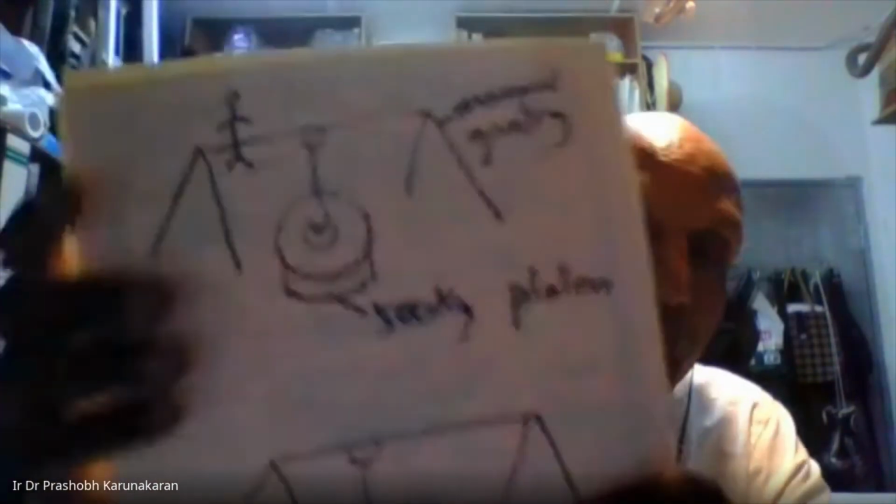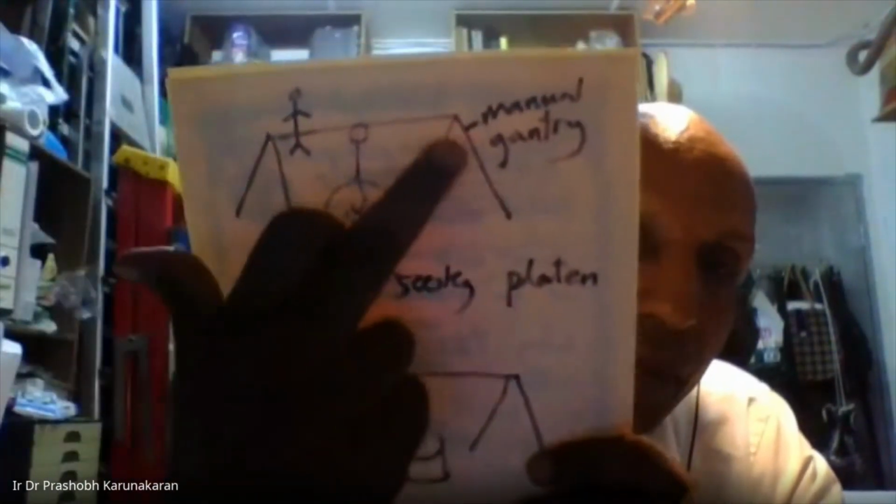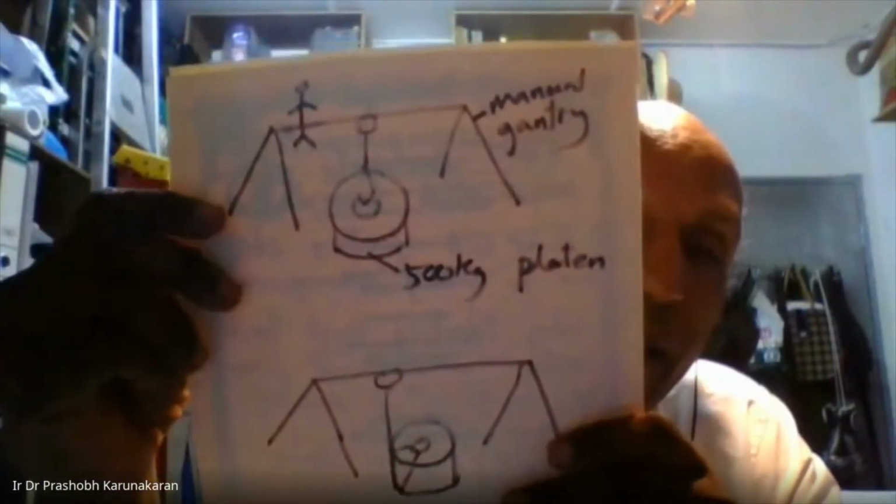So this one is called a manual gantry, and this is a chain block.